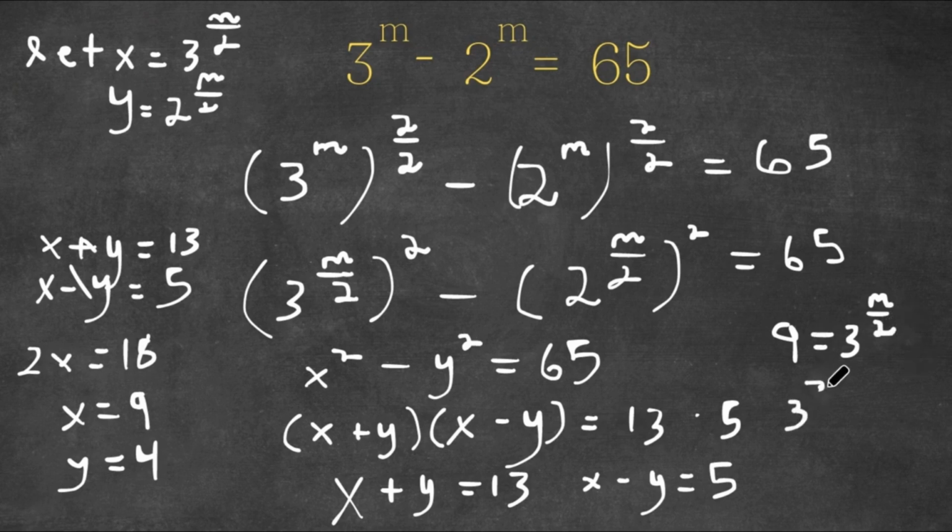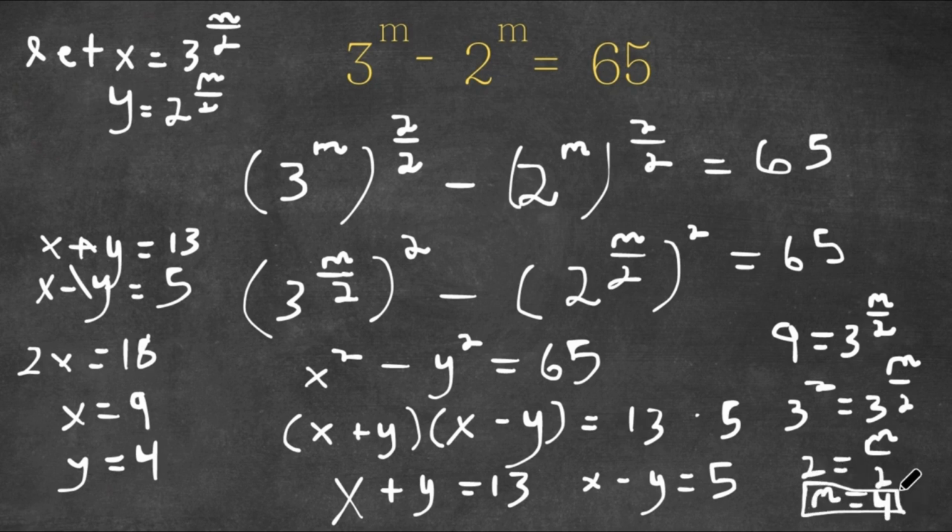So I have 3 squared is equal to 3 to the power of m over 2. Meaning 2 is equal to m over 2, and m is equal to 4. So this is our answer. M is 4.